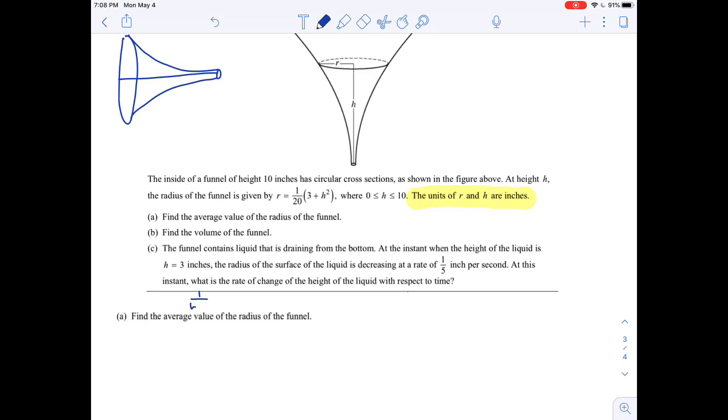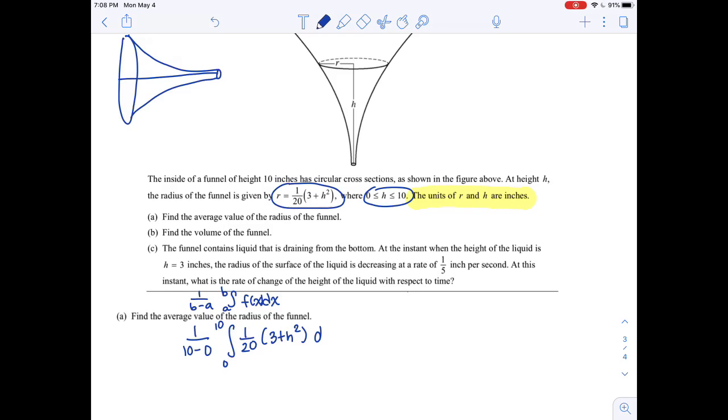So the first part says find the average value of the radius of the funnel. Average value, that's the formula 1/(b minus a) times the integral from a to b of f(x) dx. They're asking you to find the average value of the radius where this function represents the radius. So 1 over, what are the heights you're working with in this problem? 10 minus 0, because that's the interval that you're working on for heights.